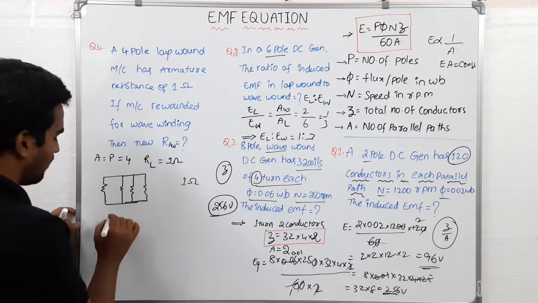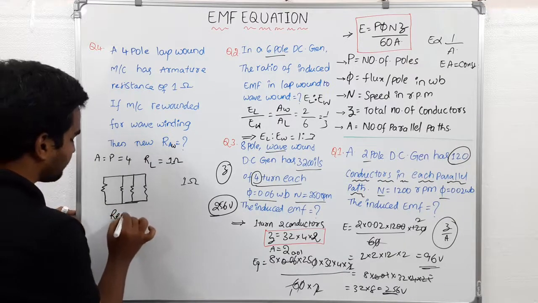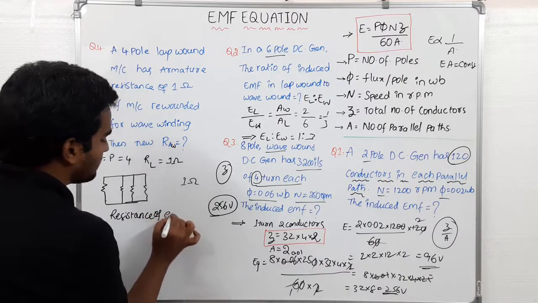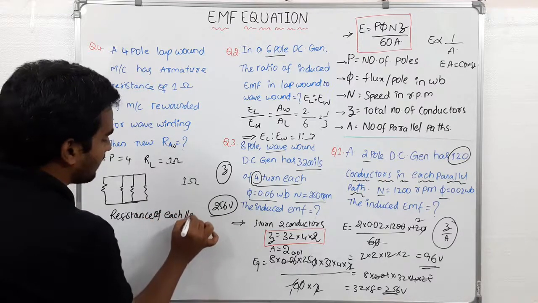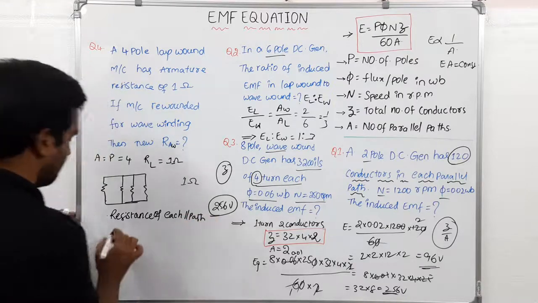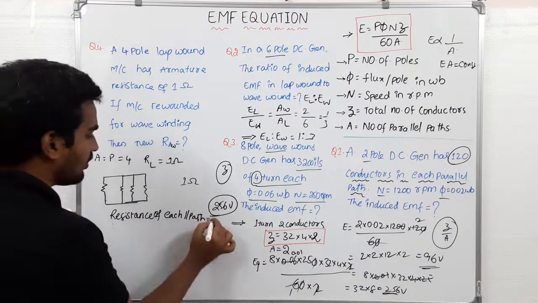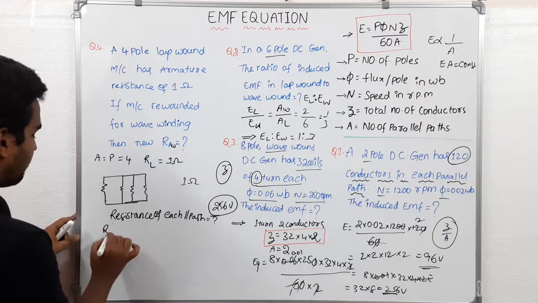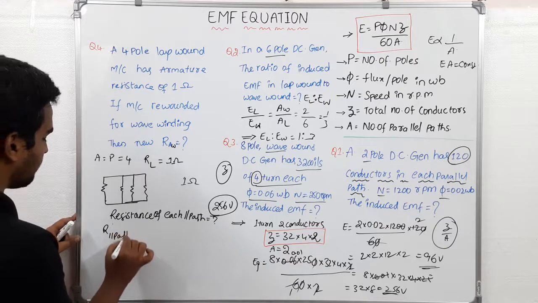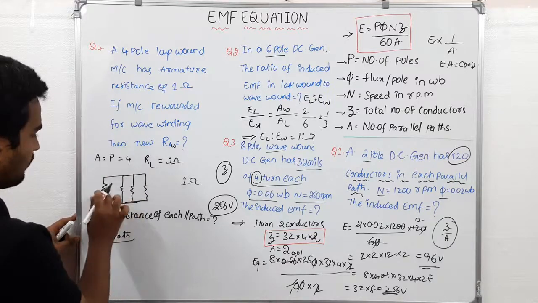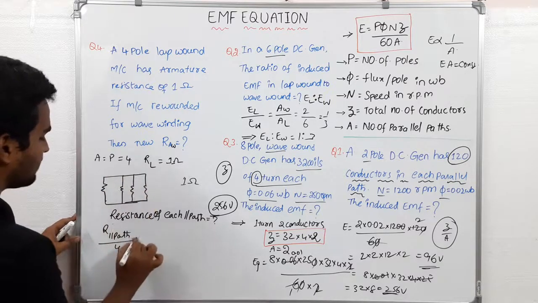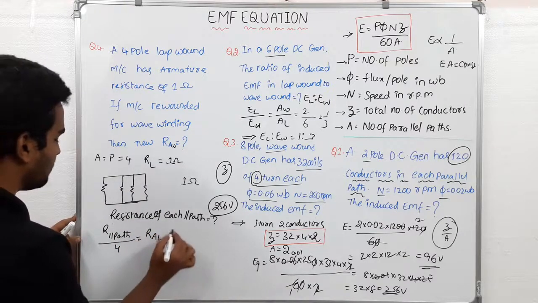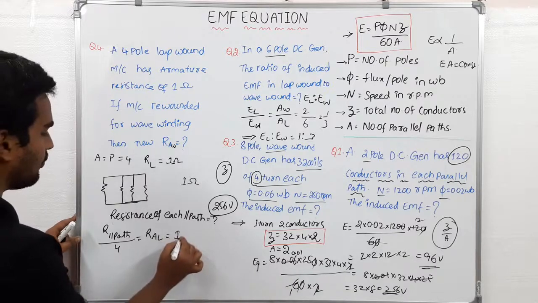Therefore the resistance of each parallel path: 4 parallel paths give the armature resistance in lap wound, which is 1 ohm.